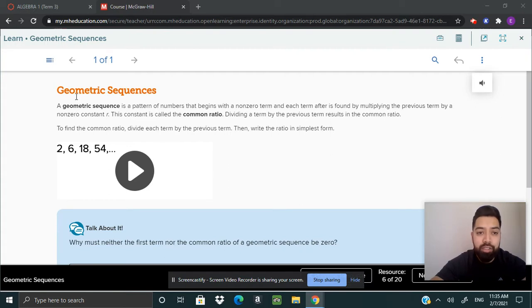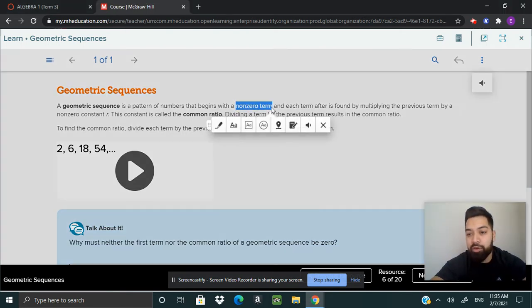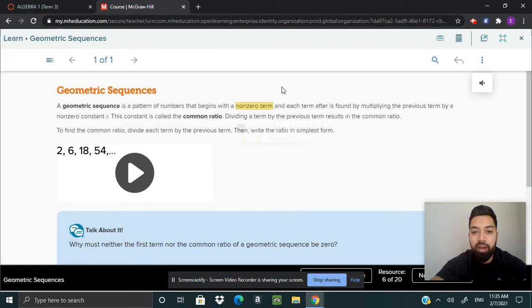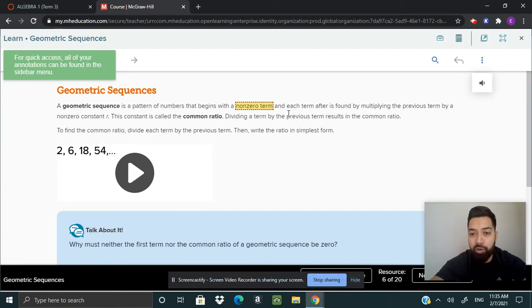So here's the overview for geometric sequences. A geometric sequence is a pattern of numbers that begins with a non-zero term. Non-zero term just means it cannot be zero. So any other number that is not zero can be the starting number. You'll see why in a second.